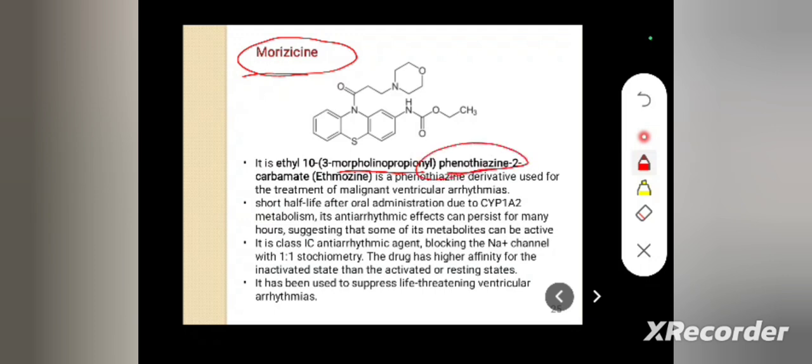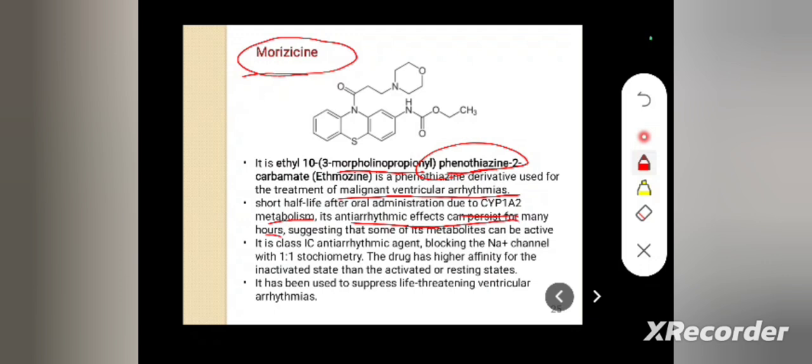For treatment of malignant ventricular arrhythmia, we can use moricizine. It has a short half-life after oral administration, due to CYP1A2 metabolism, but its antiarrhythmic effect can persist for many hours due to its metabolites.